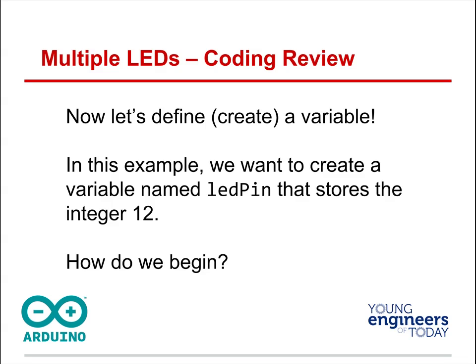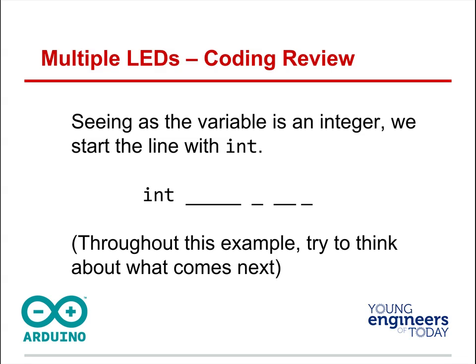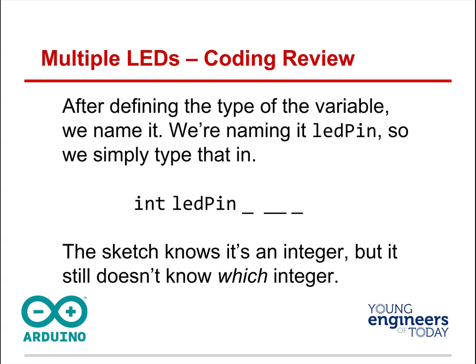Now, let's create a variable. For example, we want to create a variable named LED pin that stores the integer 12. So how do we begin? We start off with int, for integer, because that's the kind it is. We give it its name, LED pin. Think of a variable as just a way to store data.